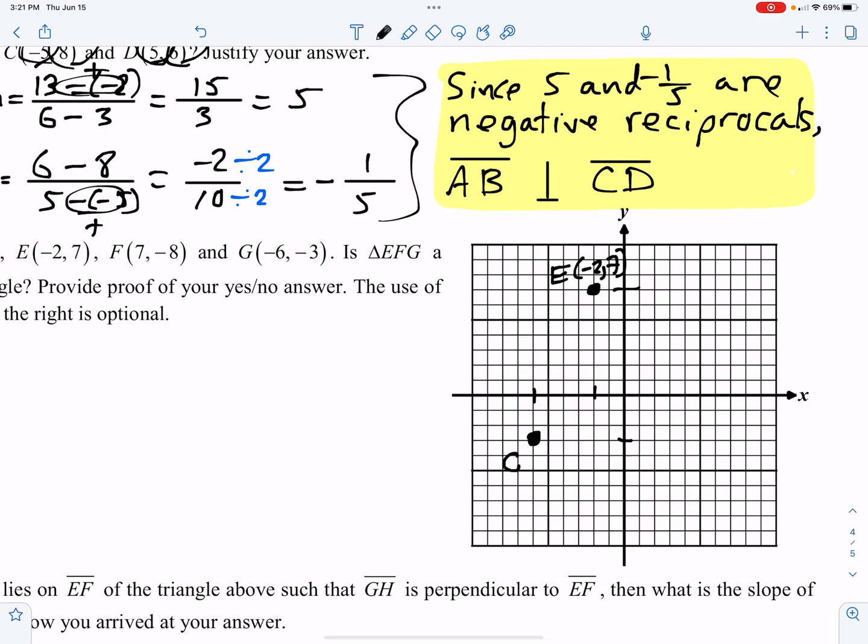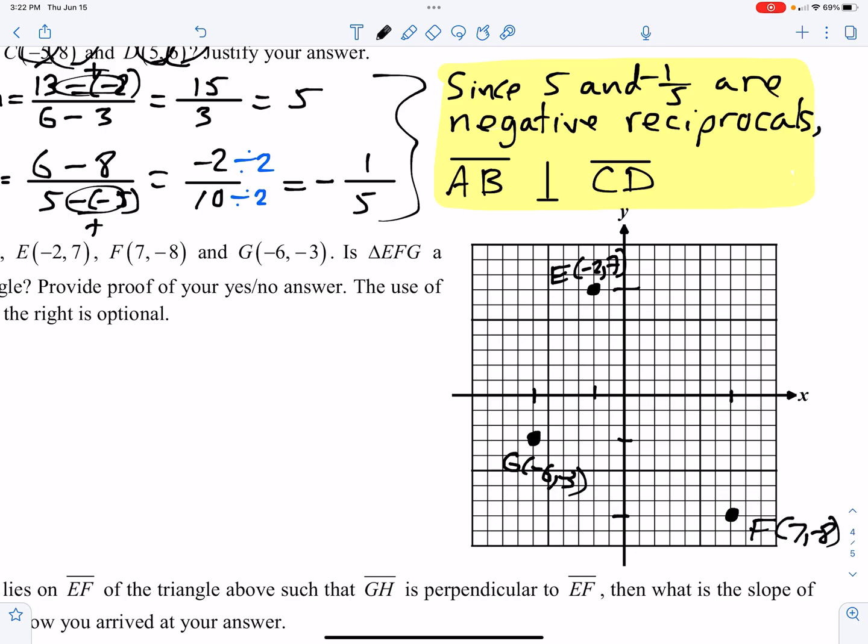That's point G. And point F, we're going to go over 7 and then down 8. Over 7 is right there, and then down 8 would be all the way down here. That would be point F at (7, -8).